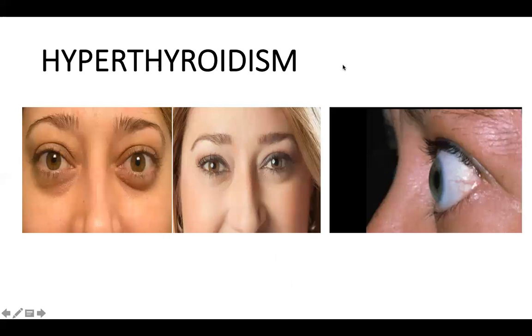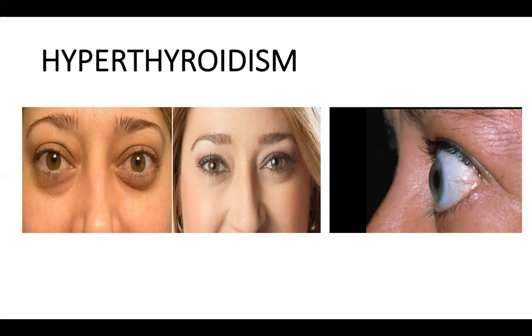Now, the woman here has two pictures. One is before she developed hyperthyroidism, and the other is after she developed hyperthyroidism. There's literally a bugging of her eyes. And if you look at individuals from the side, there is significant bulging of their eyes.